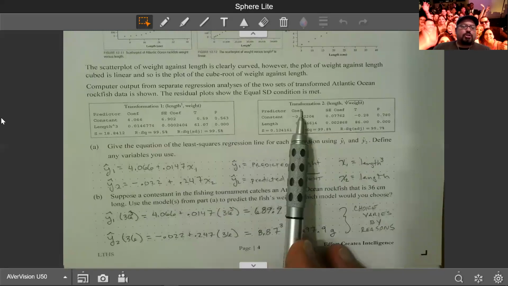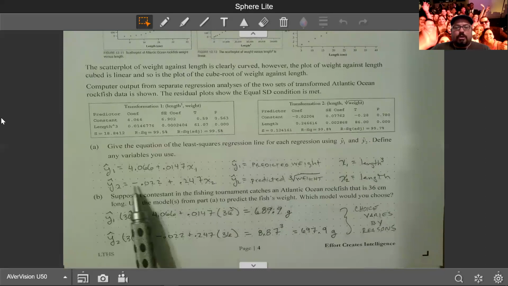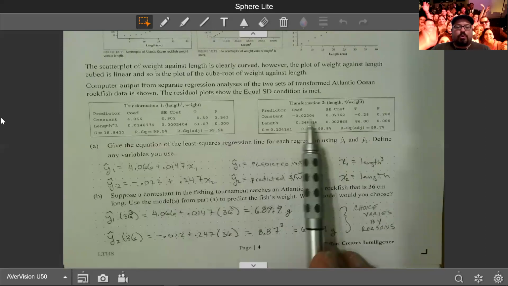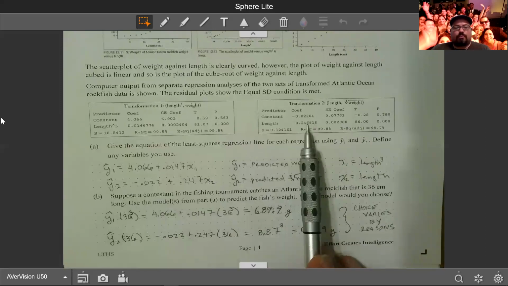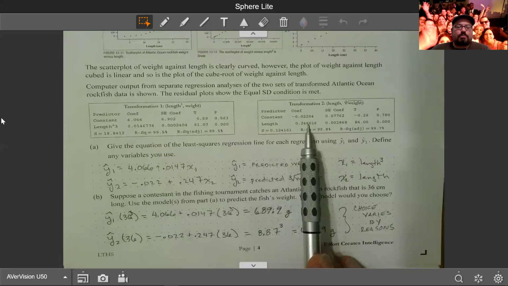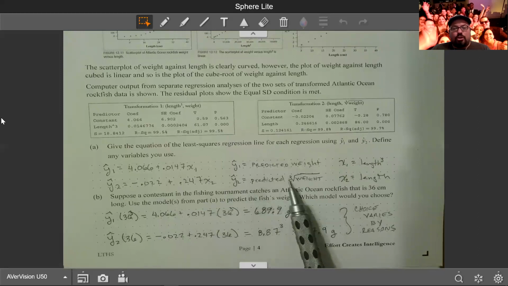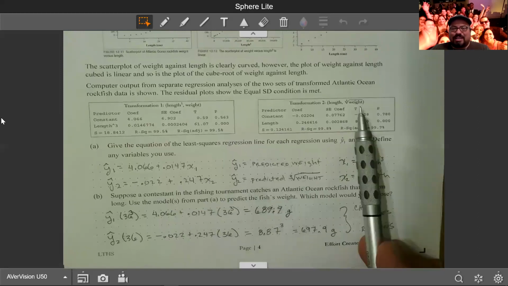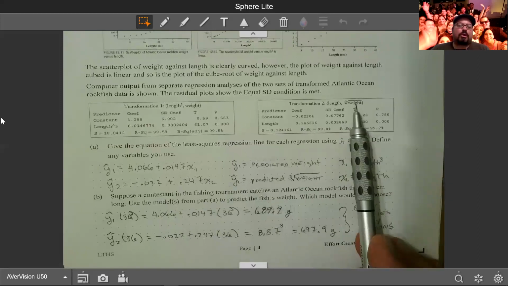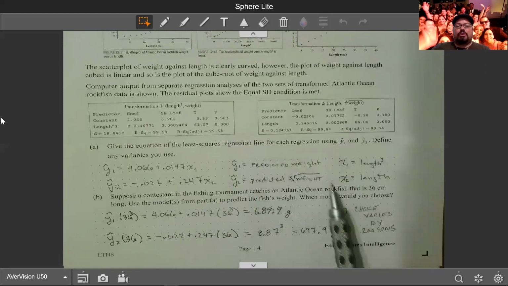For transformation 2, y hat 2 equals negative 0.022 plus 0.247x, subscript 2, so y hat 2 is going to be the predicted cubed root of the weight. Let the computer output really help you out there. And x sub 2 is going to be the length.